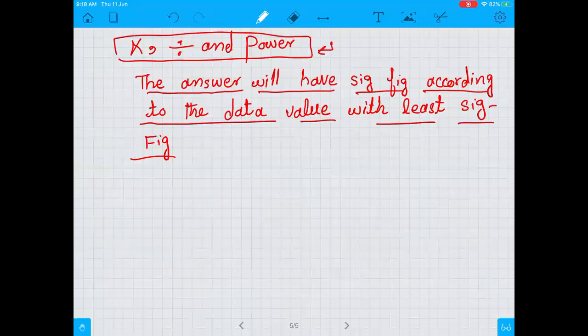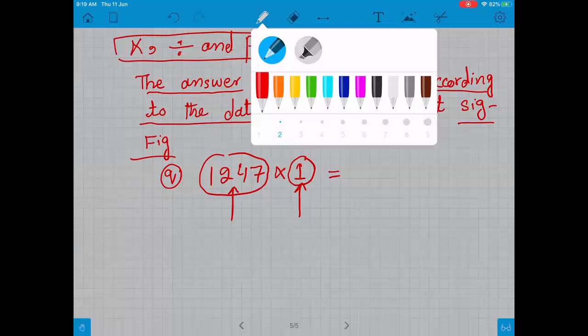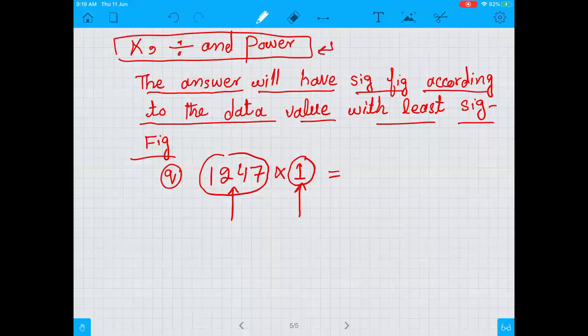Just for example, if someone asks you to multiply 1247 with 1. Now you see these are 2 data values and they are to be multiplied. So you have to multiply 1247 with 1. If you use a calculator, the calculator will return an answer of 1247.